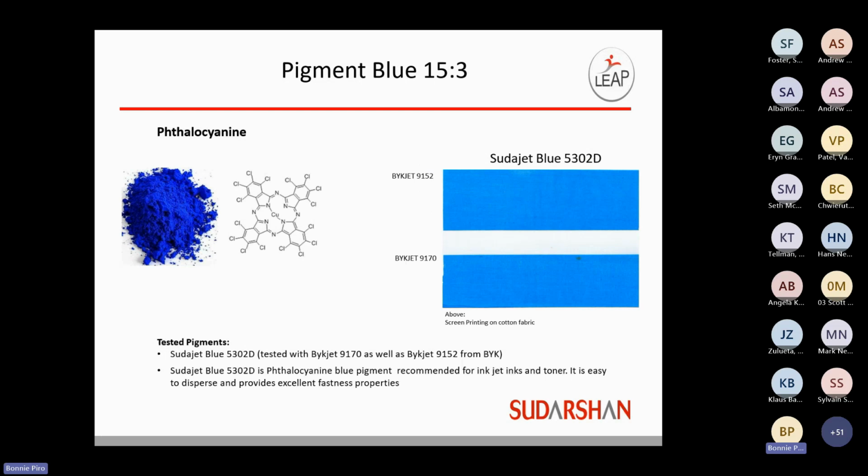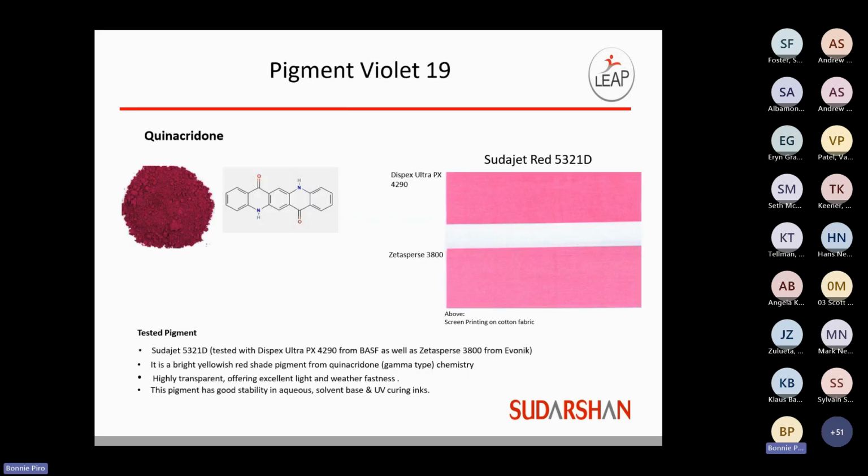In the blue space, the Pigment Blue 15:3, we have a 5302, and again, we have identified two types of pigment dispersions that work very well, and both of these are from BIC. In the Violet 19 space, we have the Sudajet Red 5321D.